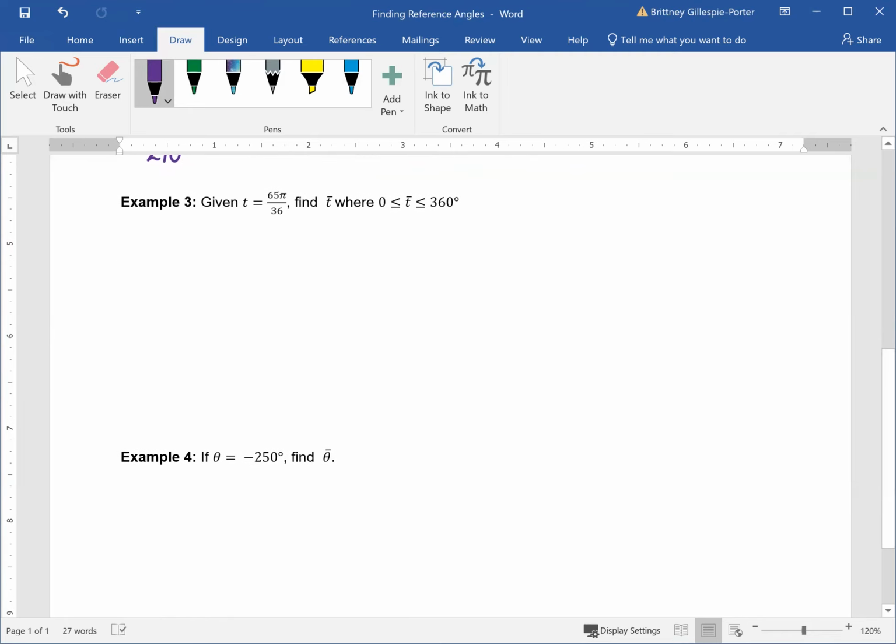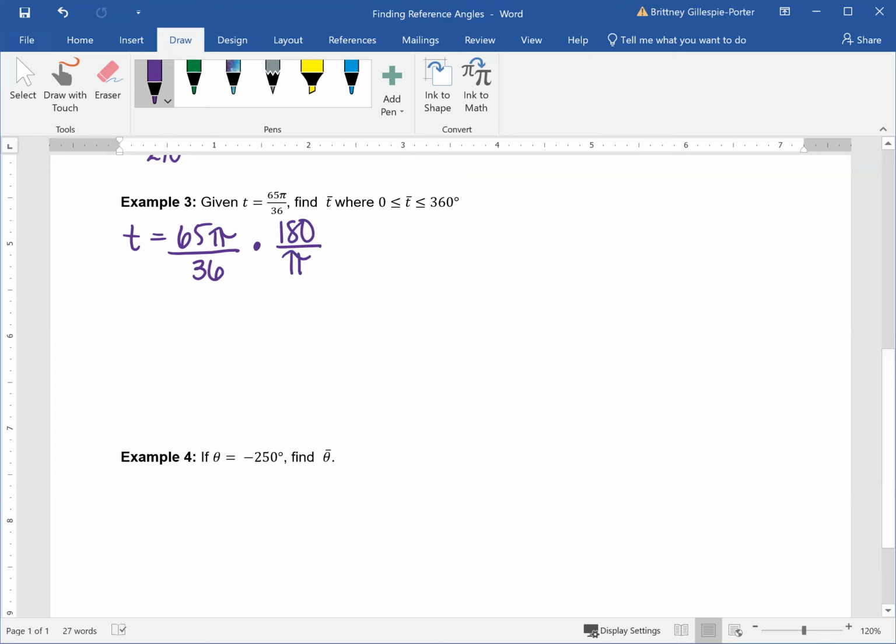All right. I know that most of you hate radians, but that's okay because it says our reference angle needs to be in degrees. So let's first convert our original angle from 65 pi over 36 to degrees by multiplying by 180 over pi.